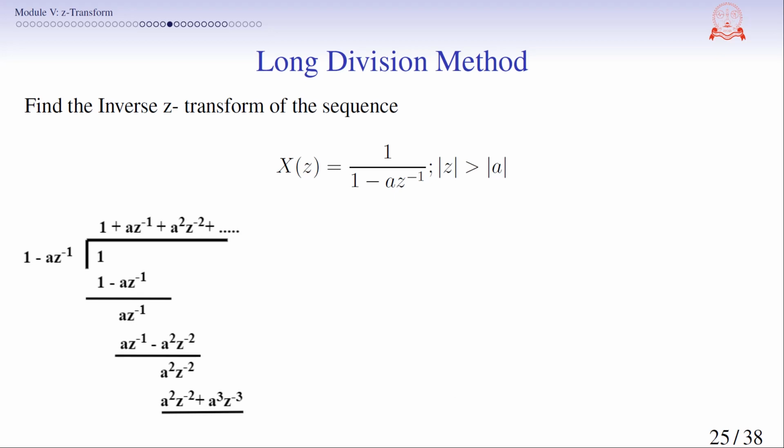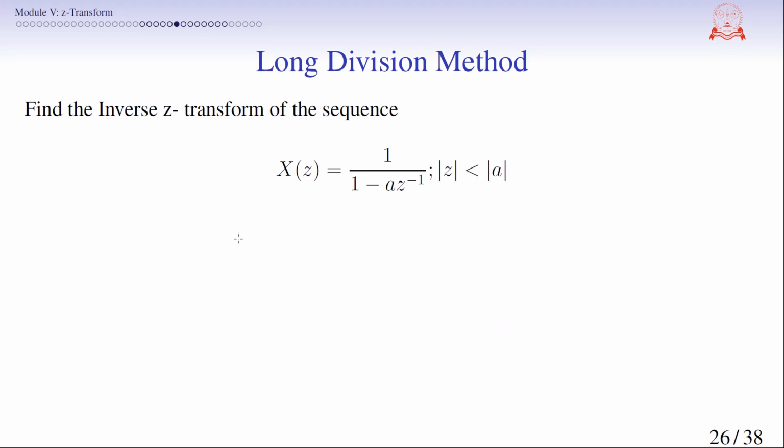So when computing, I divide 1 by 1 minus a z raised to minus 1, and I will get my coefficients as 1 plus a z raised to minus 1 plus a square z raised to minus 2 plus, etc. So my x(n) will be 1, a, a square, etc., or a raised to n u(n) is my time domain signal.